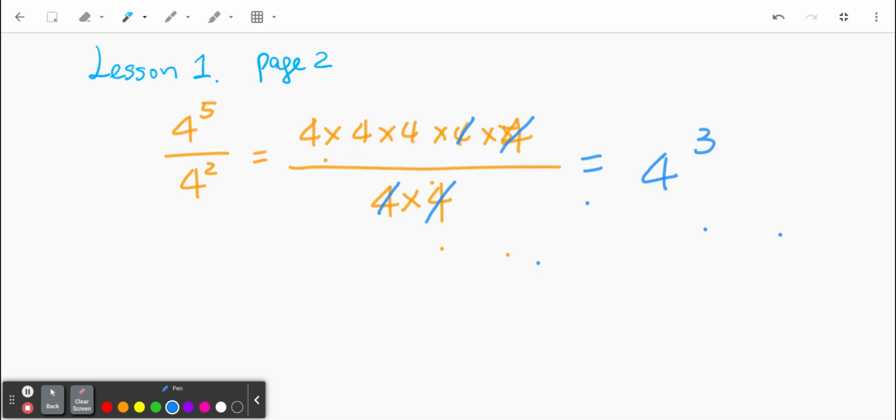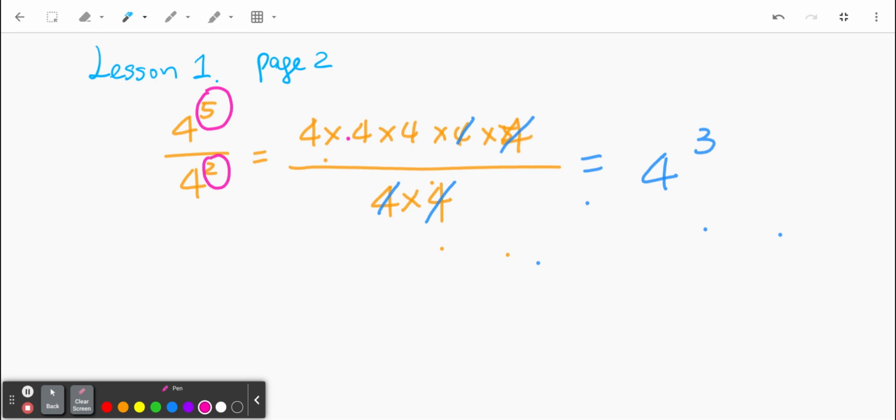Okay, now we have division. Look at how we get the answer from our question. Our question starts with what exponents? 5 and 2, right? How do you get from 5 and 2 to 3? You add them, or you do what?